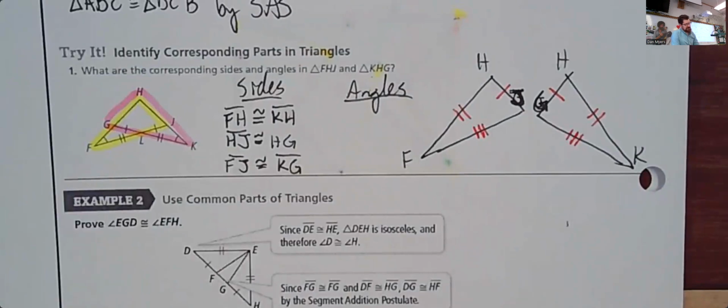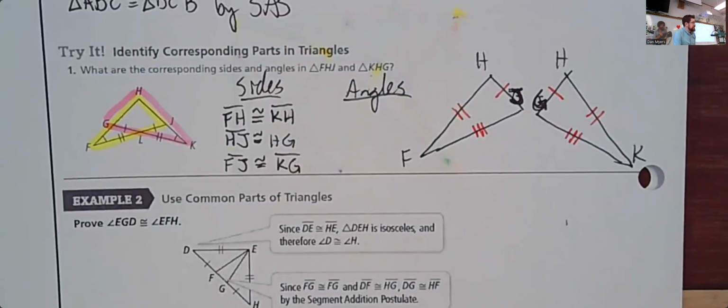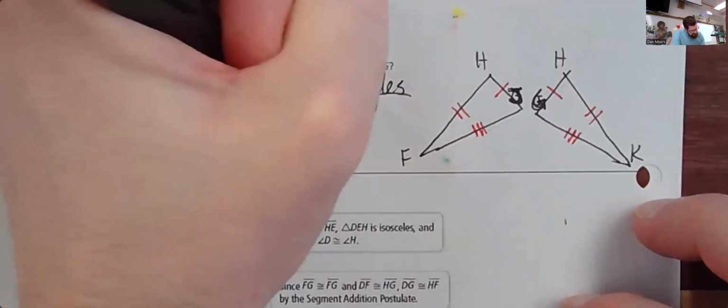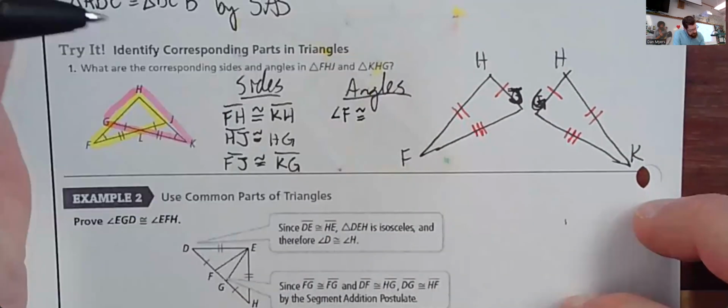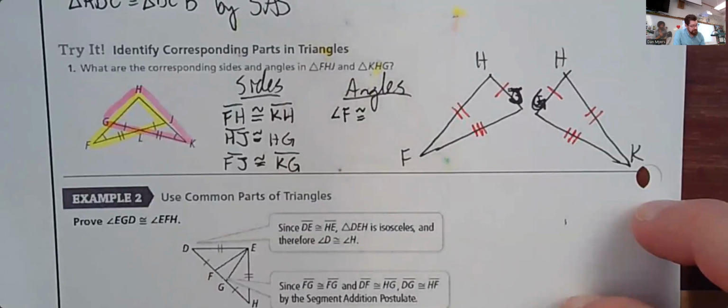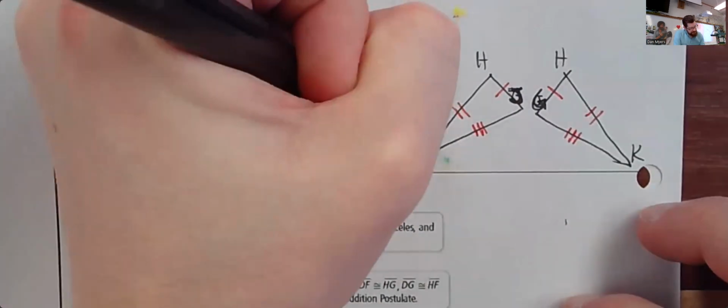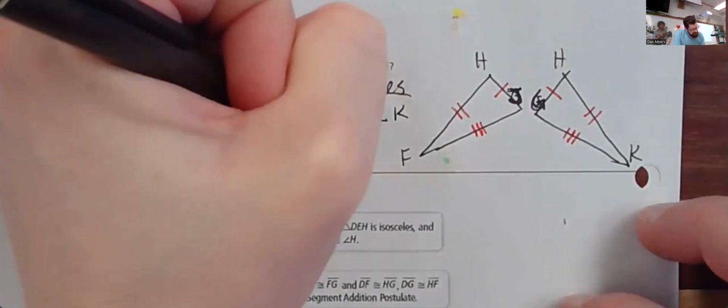Now, in terms of angles, angle F corresponds to what? Is congruent to what? What's angle F congruent to on the other triangle? K, good. Angle F congruent to angle K. Angle H is congruent to angle what?